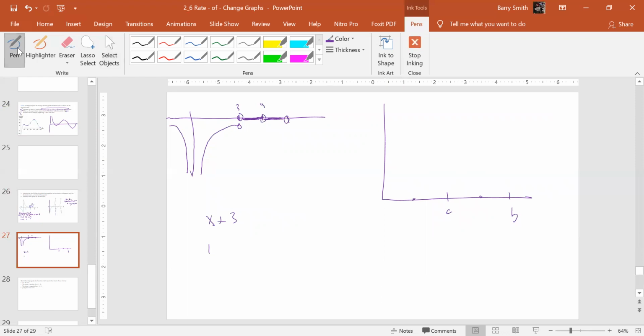So something like that. And then this one, it's kind of come down and then come back up like that.